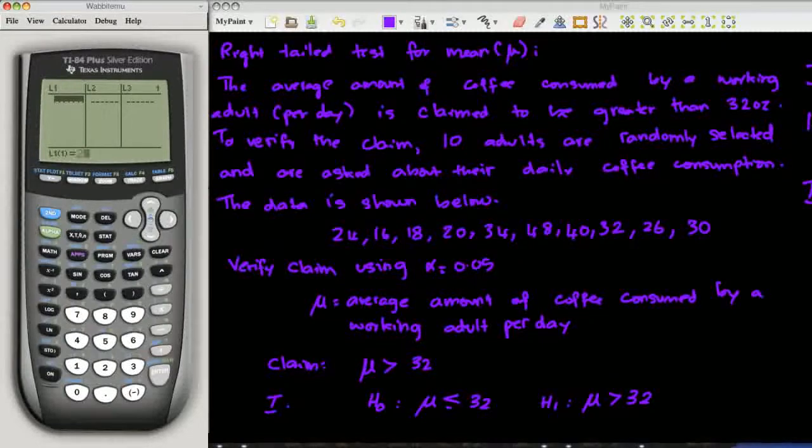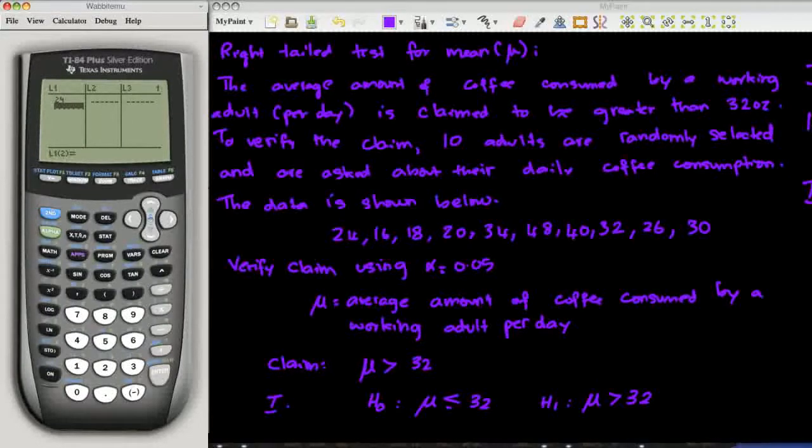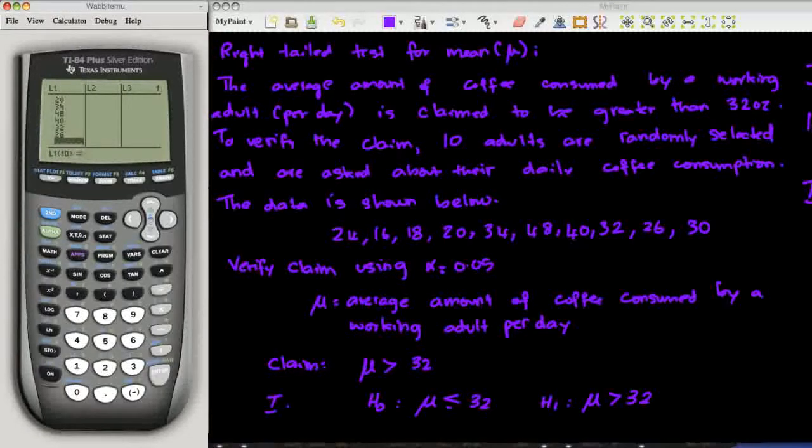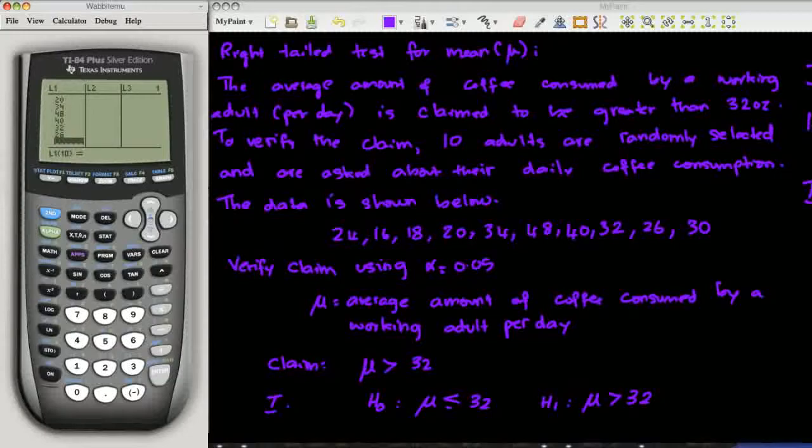So it's 24, 16, 18, 20, 34, 48, 40, 32, 26, and 30.